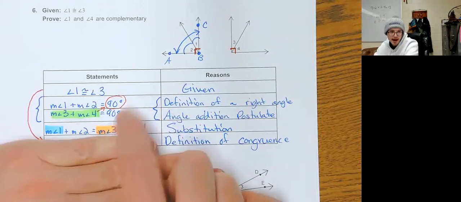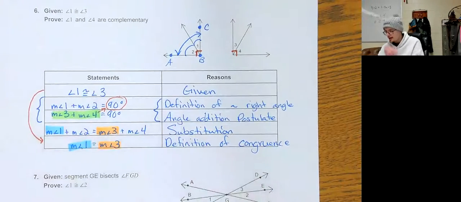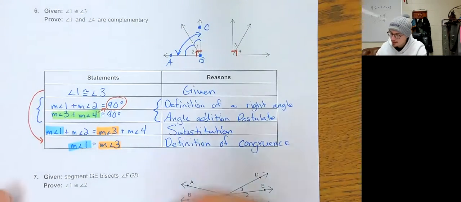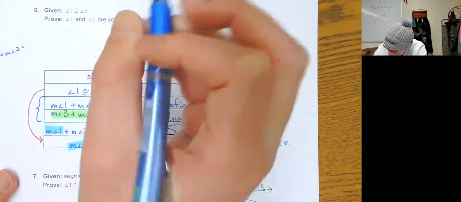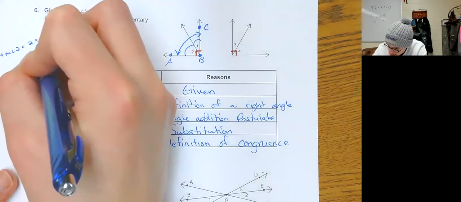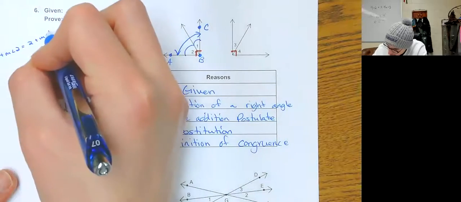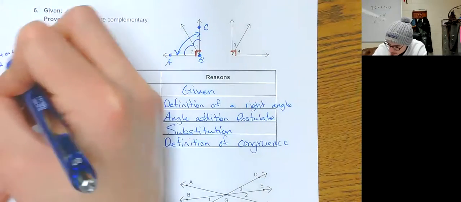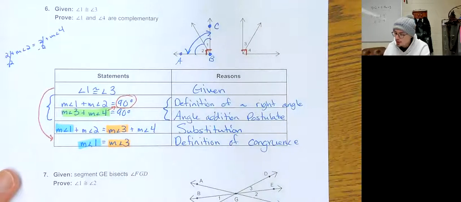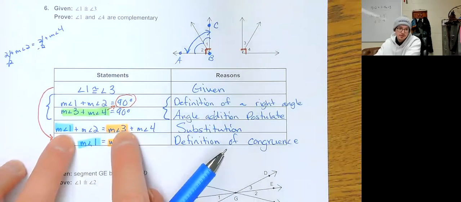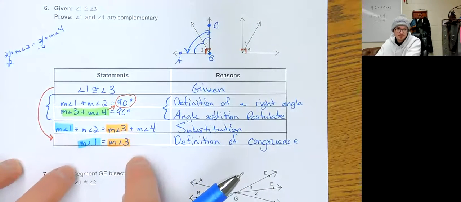That can go. It's no different than saying 2 plus the measure of angle 2 equals 2 plus the measure of angle 4, and then subtracting 2 from both sides and canceling them out. Instead of subtracting 2, though, we're subtracting off these angles to get just what we want.